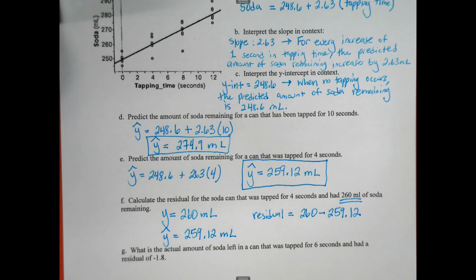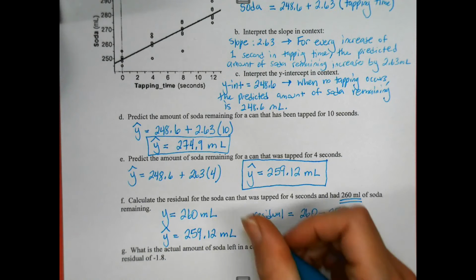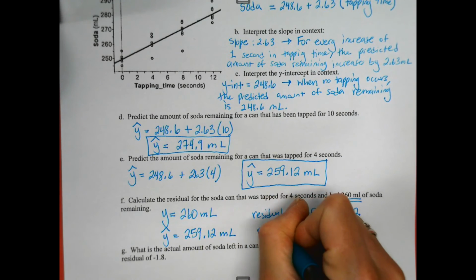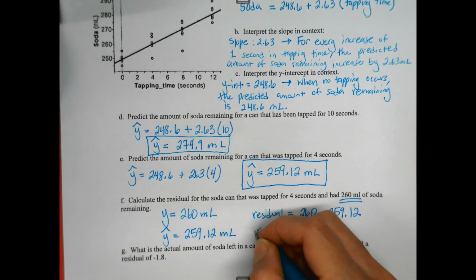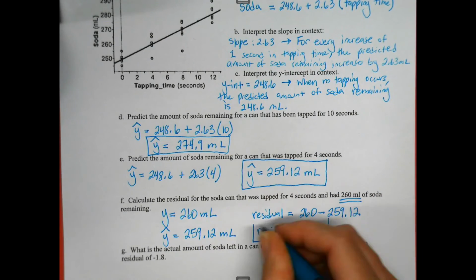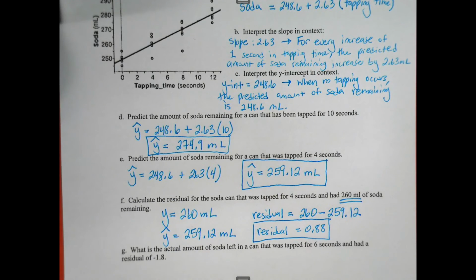So 260 minus 259.12 gives us a residual of 0.88. So this tells us that our predicted value is slightly less than our actual value, or our actual value is more than our predicted value.